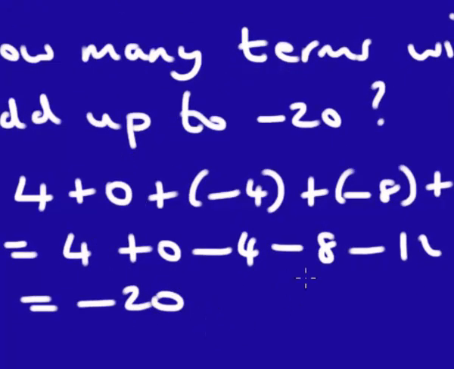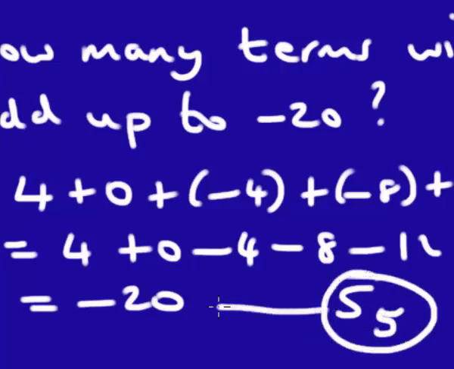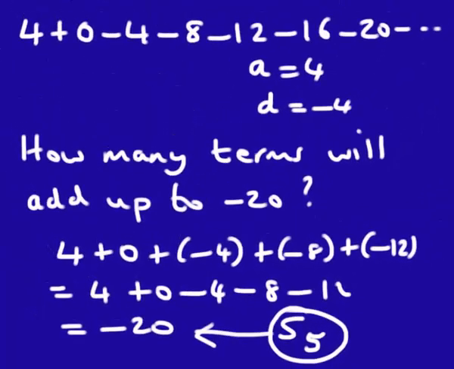The 4's cancel, and negative 8 minus 12 is negative 20. So what we can say is that the sum of the first 5 terms will give me negative 20. So in other words, we've added up 5 terms. But of course, they could have said how many terms add up to a big number, or a small number, in this case a very small number, because you're going down.